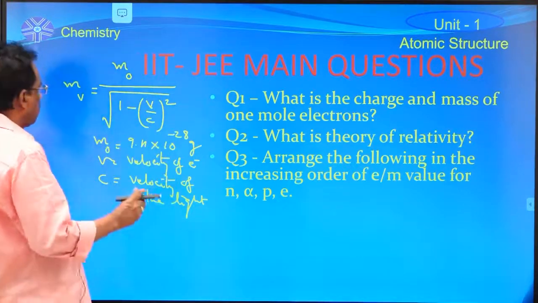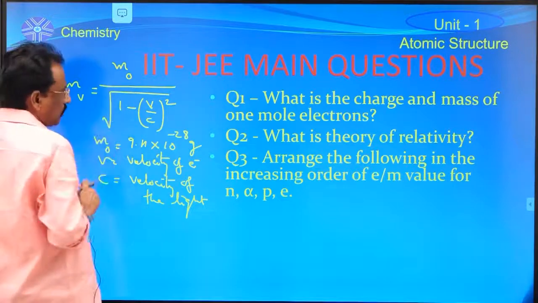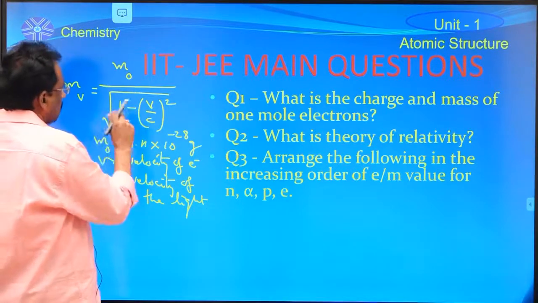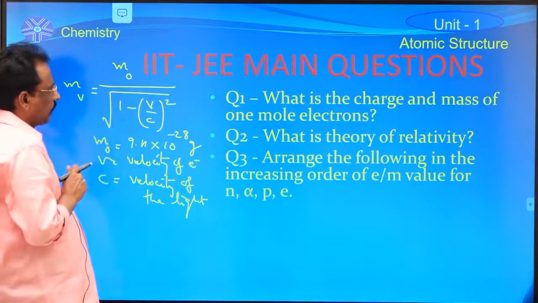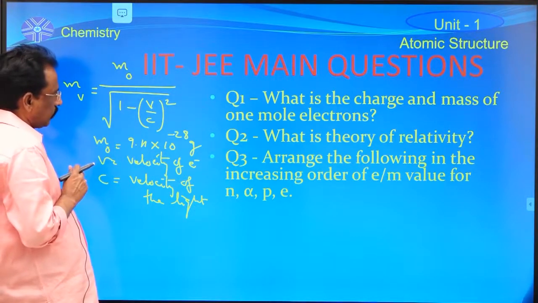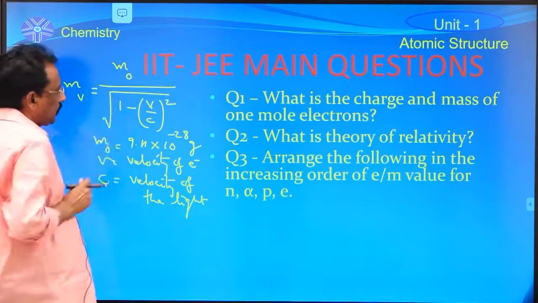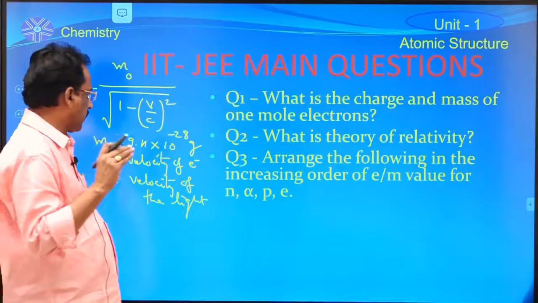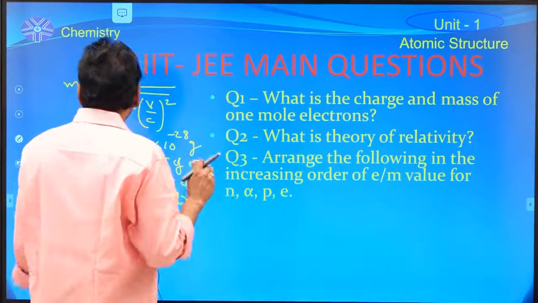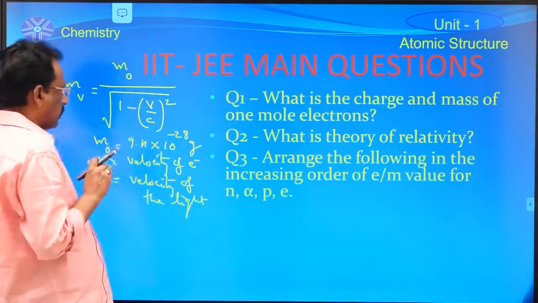So here m0 is constant value, mass of the electron at rest position is equal to 9.11 into 10 power minus 28 grams. Velocity of the light is constant for any type of electromagnetic radiation. Now these two are the variables.